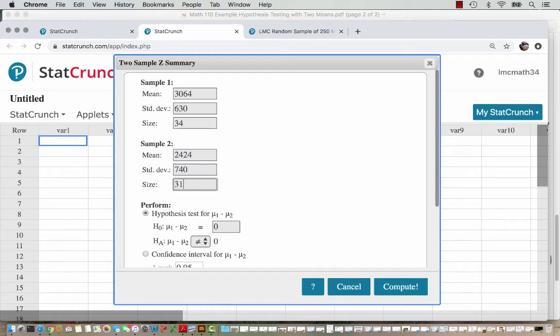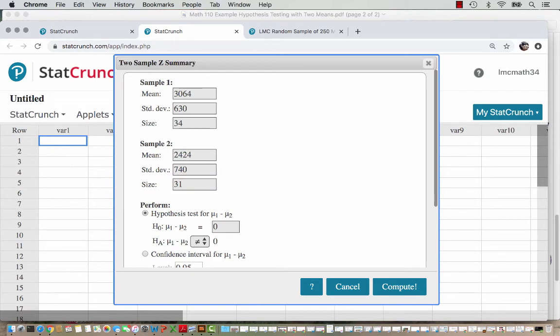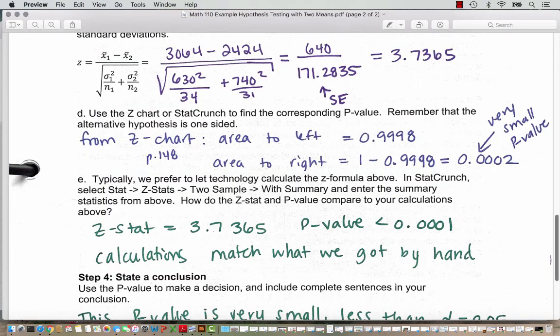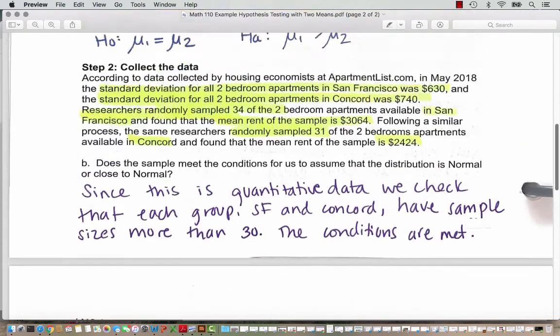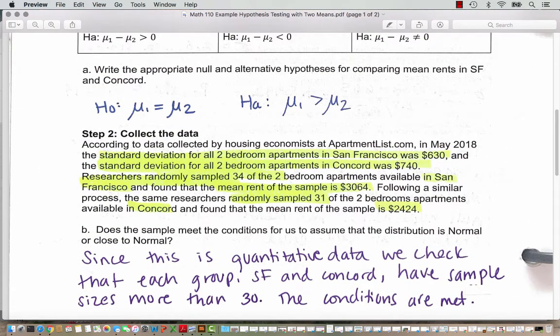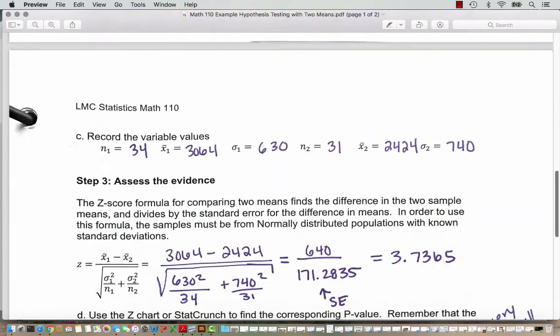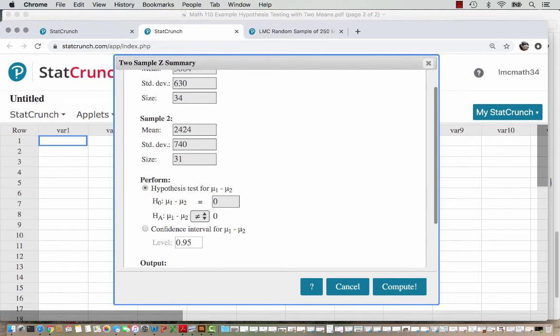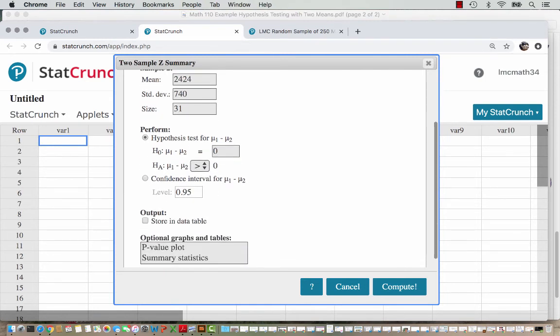And then we are testing, in our hypothesis test, let's go back and check, we are testing to see if San Francisco is higher than Concord. So we're going to use the greater than inequality in our hypothesis test here. And if you want to see the p-value plot, you can check optional graphs here.